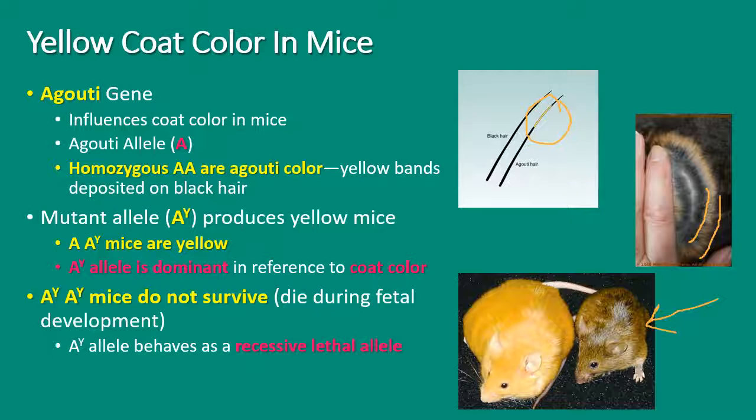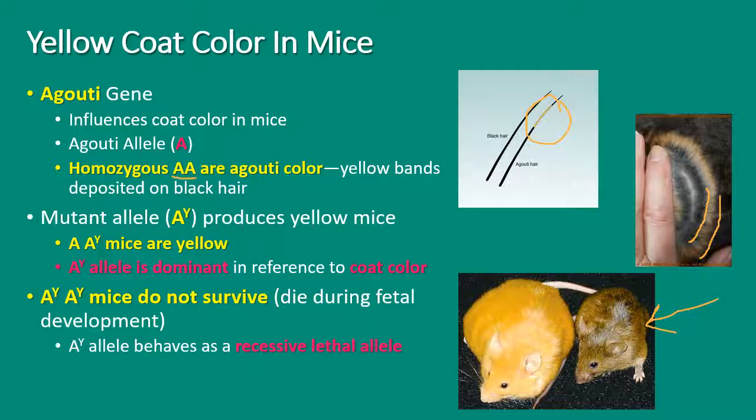So the hair is black, and then it has this yellow band deposited on the black hair, and it creates this agouti color. And so mice that are agouti are actually homozygous for that trait, for laying down that yellow pigment.